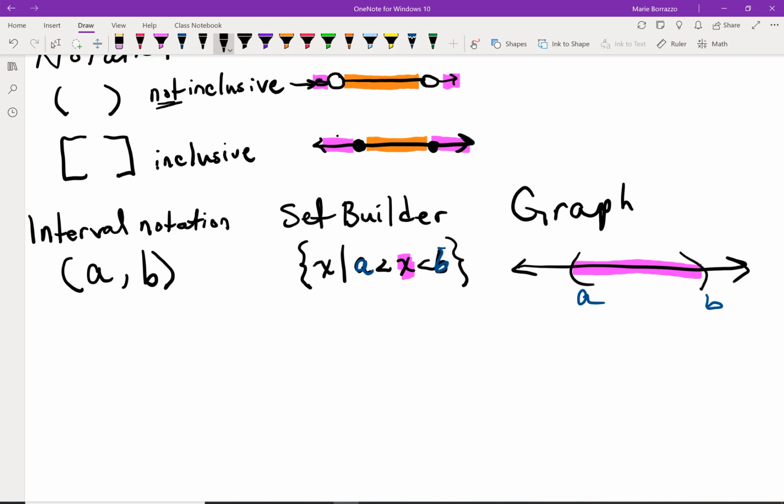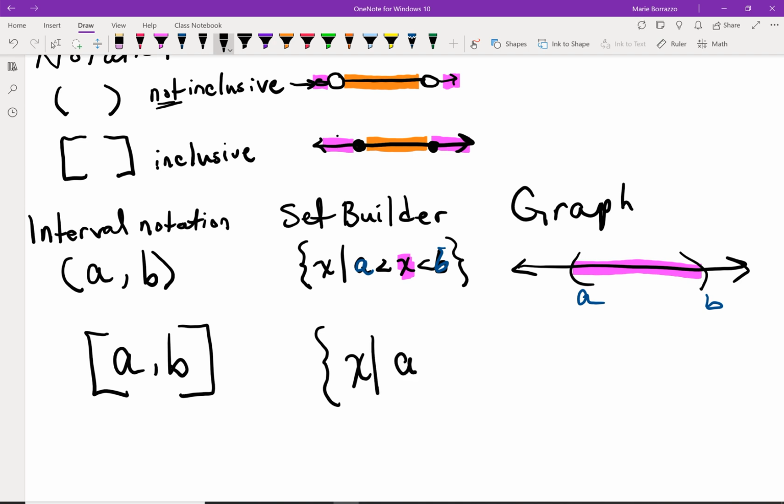If I give you an interval notation where I have a bracket, a comma b, parentheses, or actually, let me give you double bracket first. So double bracket, this is where we started. In set builder notation, x is in a set of values where a is less than or equal to x, less than or equal to b, and the difference there is the equal to sign.